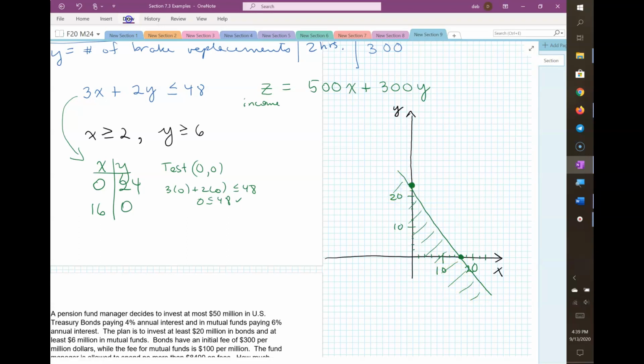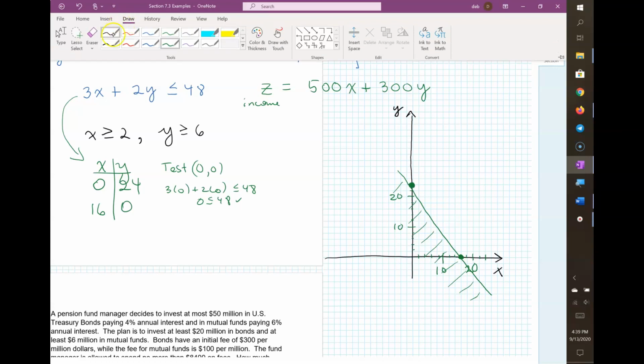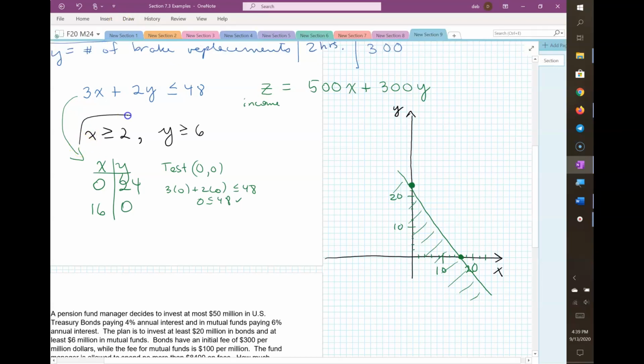Okay, so then I have the restriction that x needs to be at least 2. So the line x equals 2 is a vertical line. Here's the line x equals 2, and x greater than 2, I find to the right.